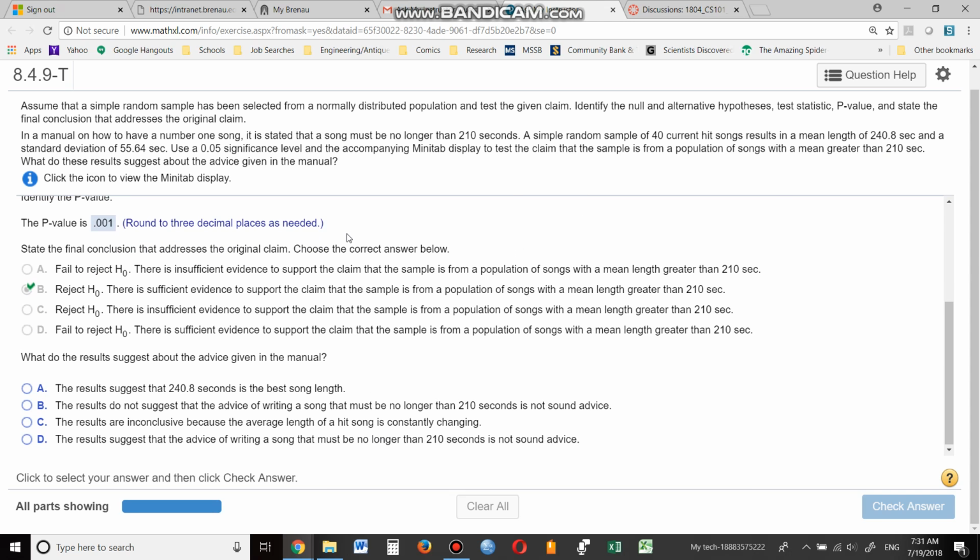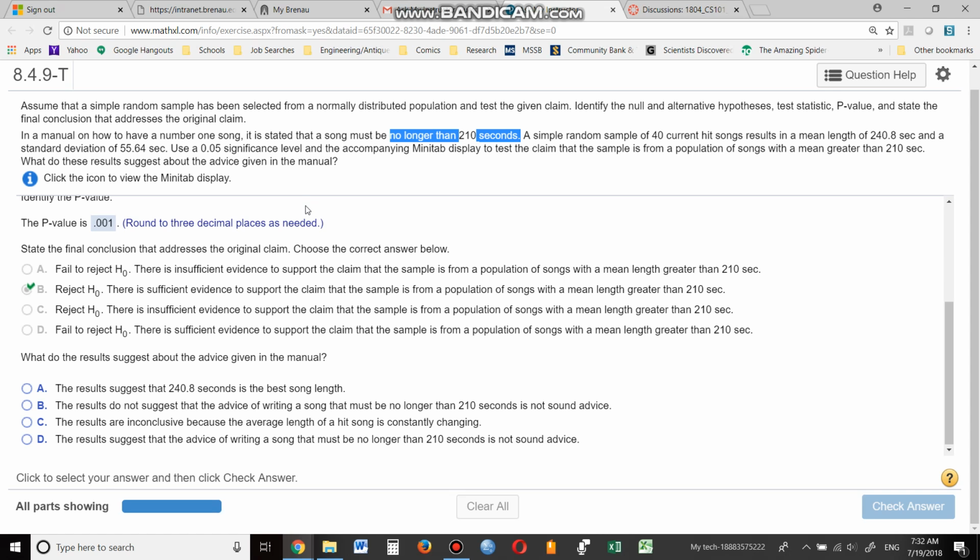So what this tells us is that the record producer appears to have stated that there must be no longer than 210 seconds. Let me go back and read this. Must be no longer than 210 seconds. This is very important. Make sure that you read these statements very, very carefully. No longer than 210 seconds.